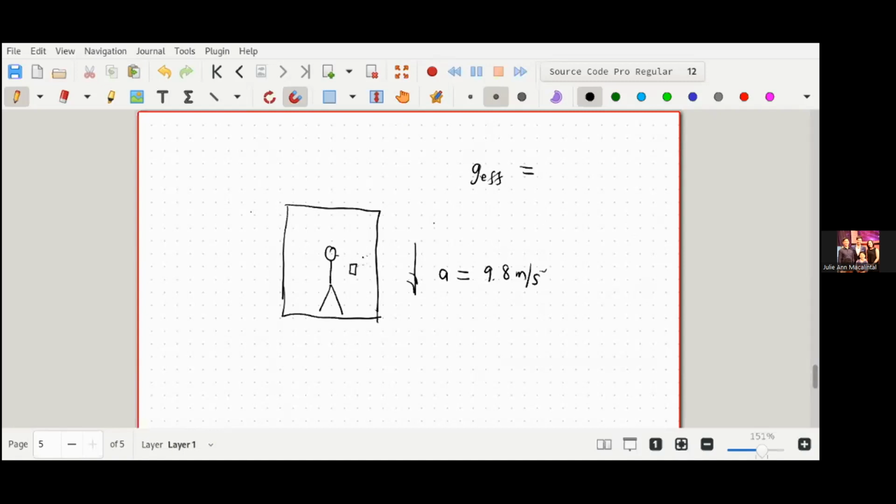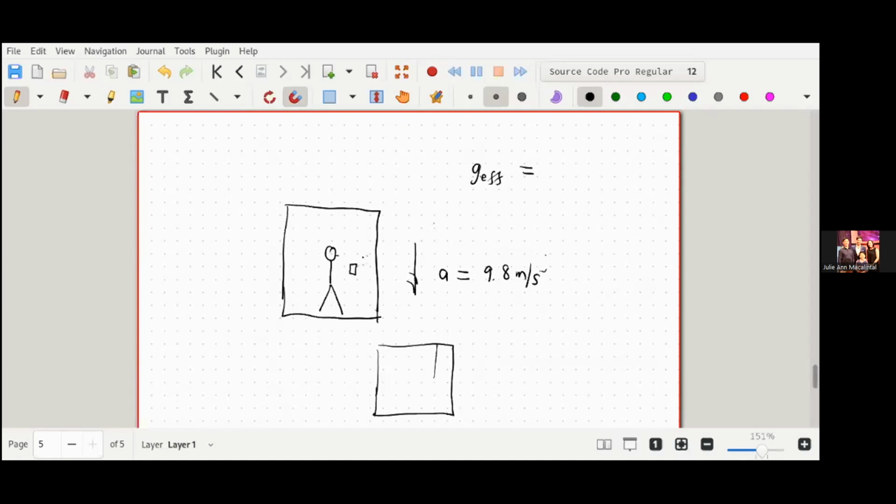Itong yan, yung perspective from outside the box. From inside the box, it will feel like may gravity pointing in what direction? May gravity. Okay. So, parang 9.8 downwards.